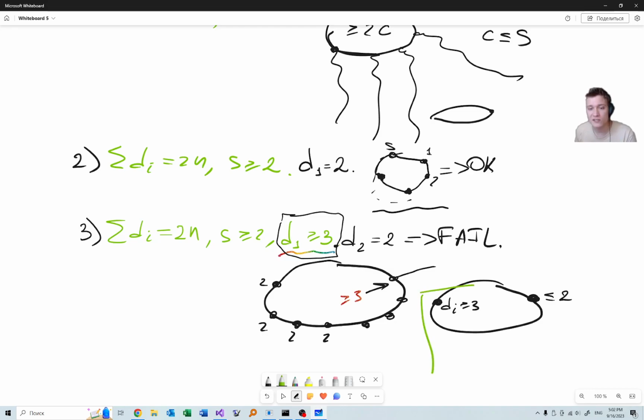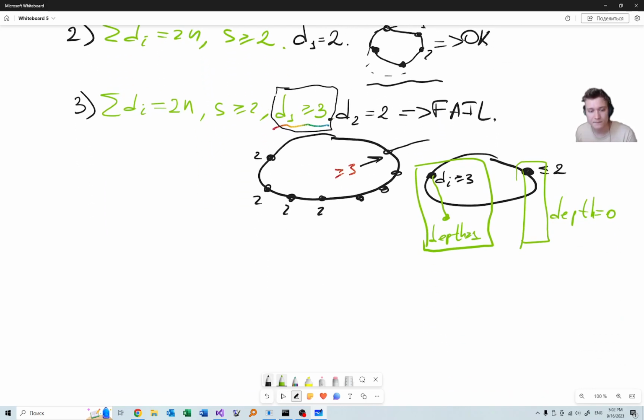Because this tree will have depth at least 1, since it has at least one extra child. But here we do not have any children, so depth is 0 here. This is a contradiction. That's why it is fail.